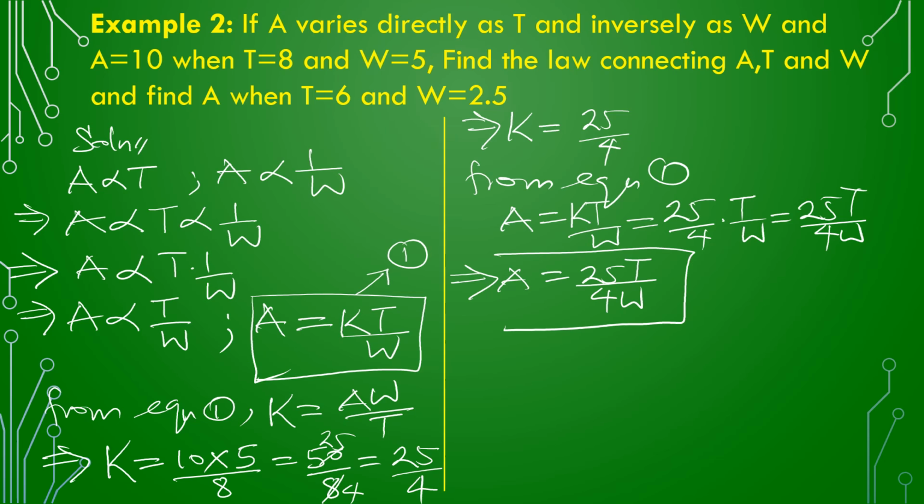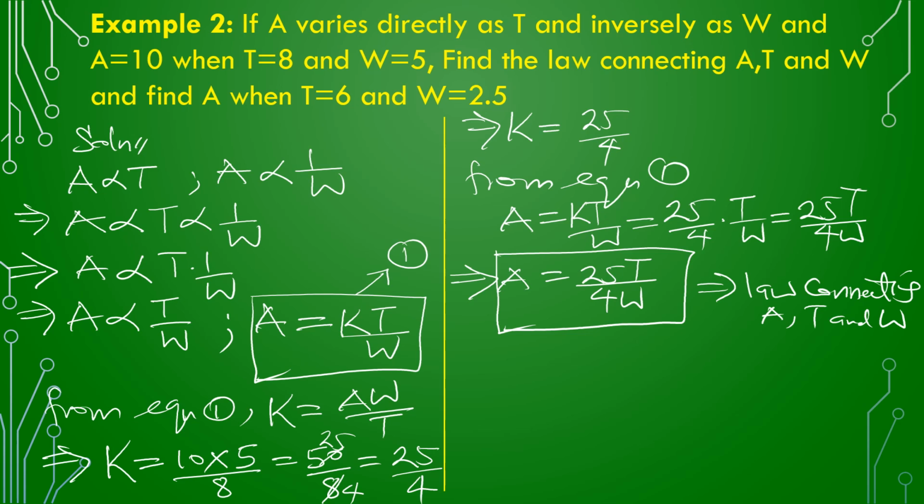This equation you're seeing here is the law connecting a, t, and w. The only difference is that we inserted the value of k, which is 25 over 4, into equation 1. In this equation connecting them, we have a here, t here, and w. Now, let us proceed. The second one says, find a when t is equal to 6 and w is equal to 2.5.